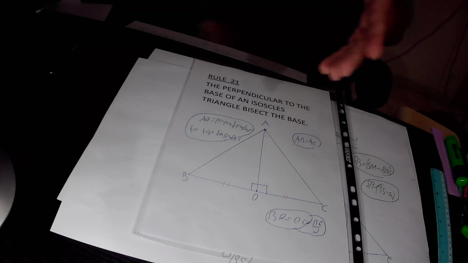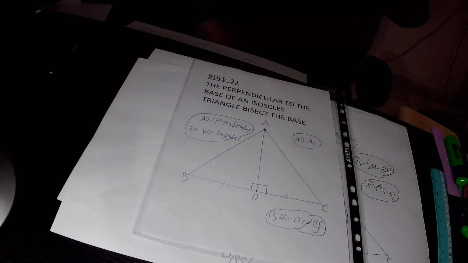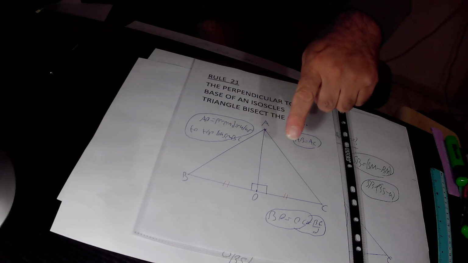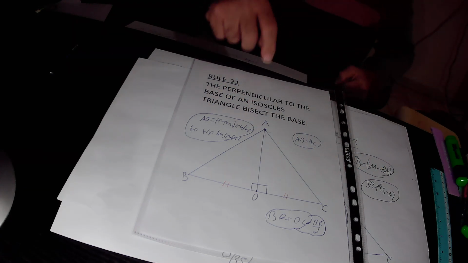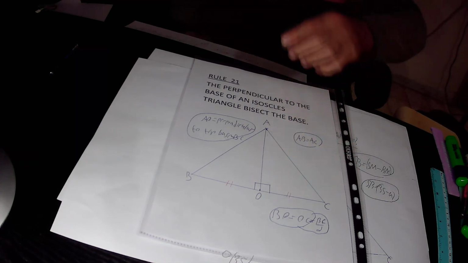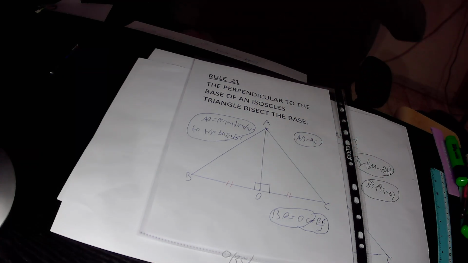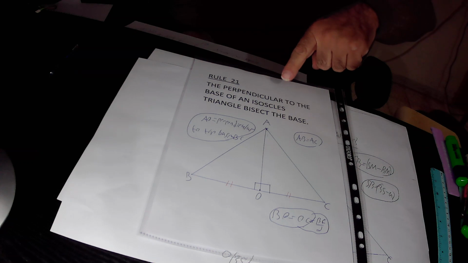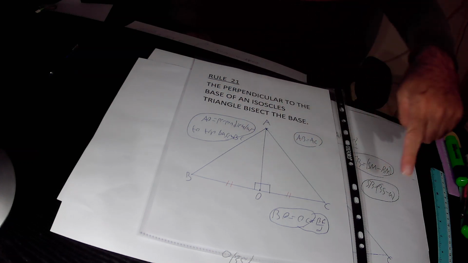BC is of course the base of this associated triangle ABC. From point A we draw perpendicular AO to the base BC. So this angle equals 90 degrees, and this angle also equals 90 degrees according to our construction. According to rule 21, the perpendicular AO bisects the base BC.